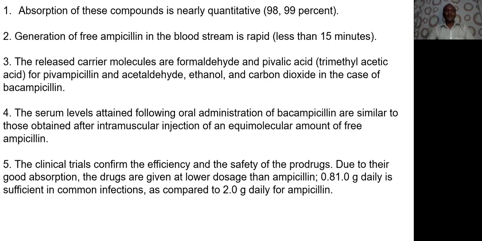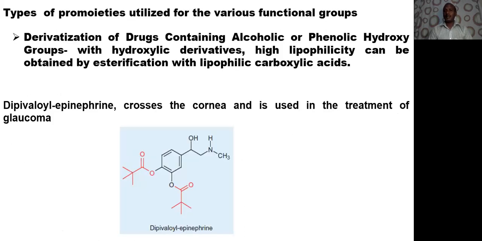To overcome those bioavailability shortcomings, we increased the lipid solubility of ampicillin by adding an ester moiety. Once you do that, bioavailability increases to this percentage, and the dose can be reduced from 2 grams to 0.81 gram, almost 800 milligrams. This is what happened when we dealt with ampicillin.